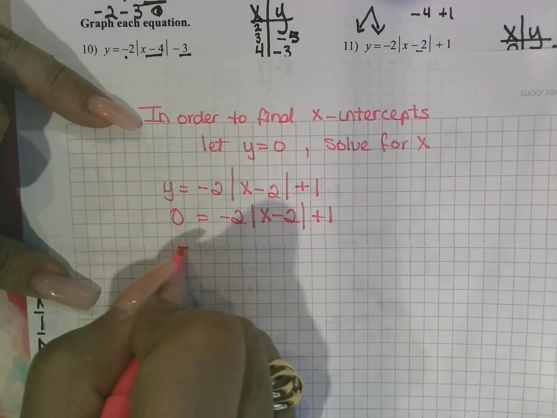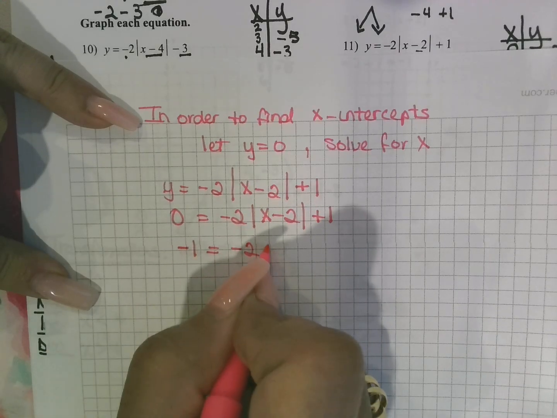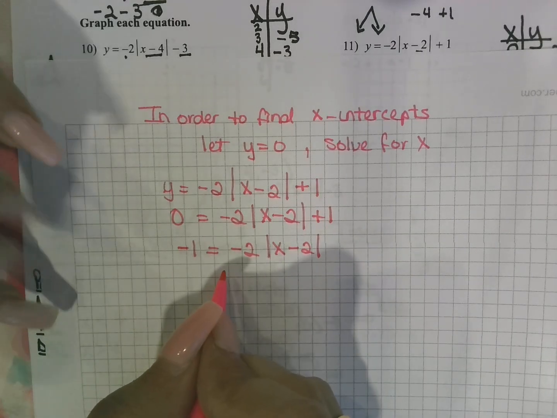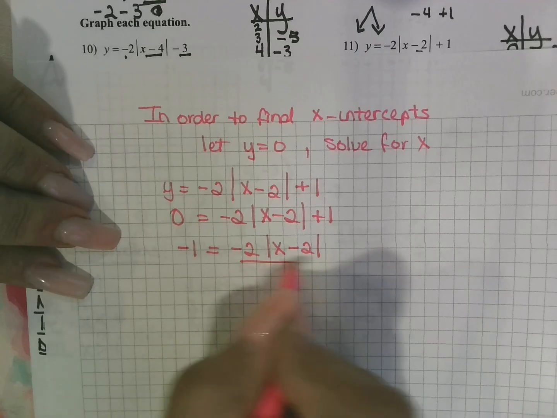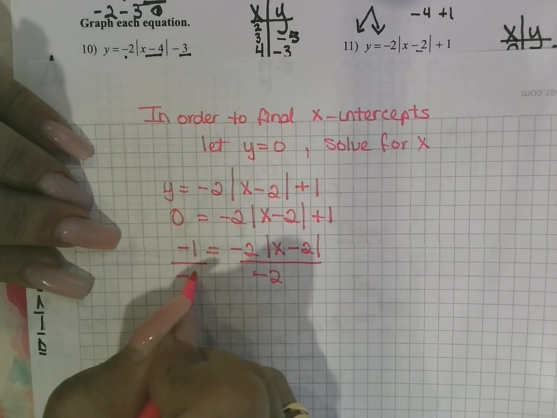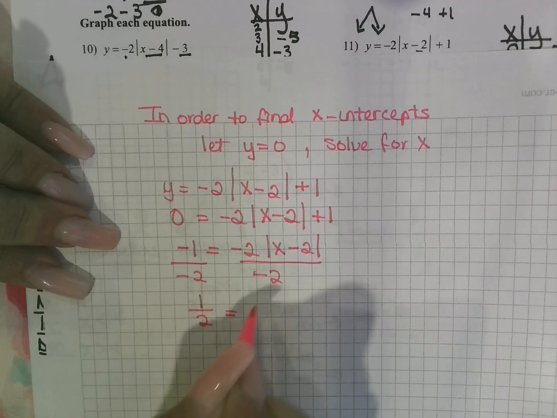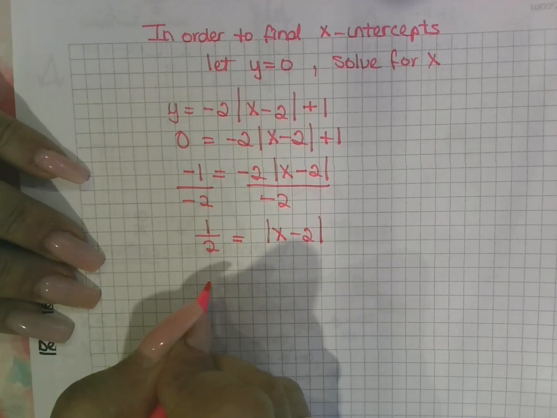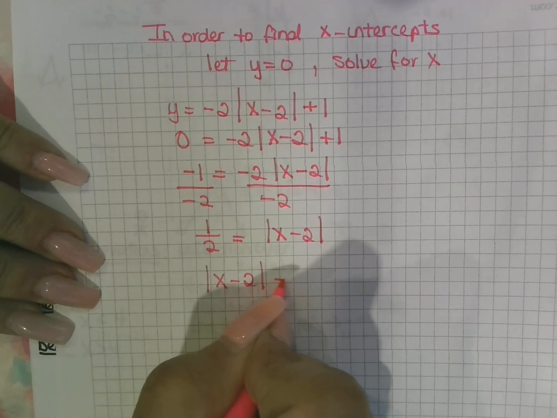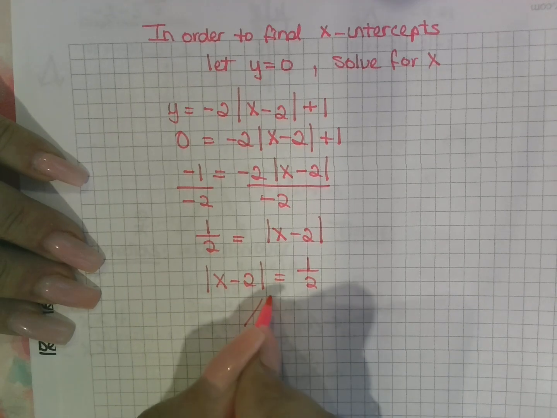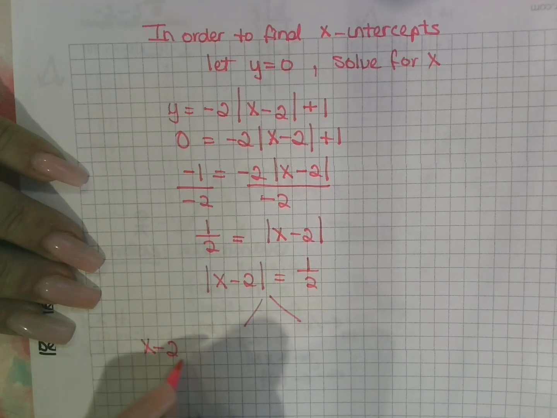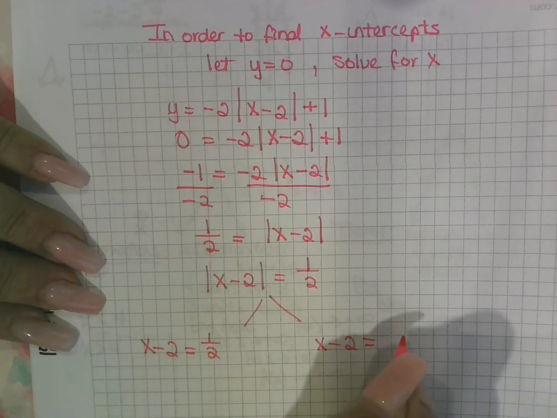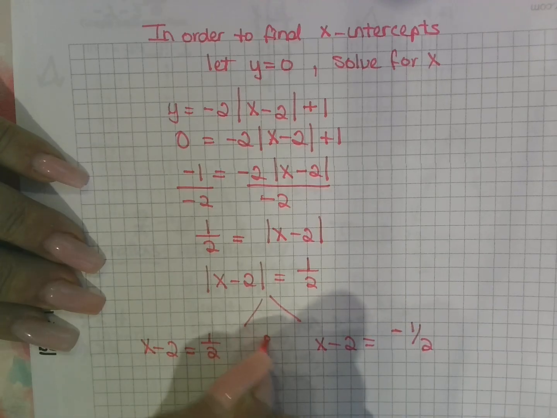I'm going to subtract 1 from both sides. And again, this is a little tricky, but not terribly, because you did do this before. And now I'm going to divide both sides by negative 2. So 1/2 is equal to the absolute value of x minus 2. All right, I'm going to just rewrite this way because it's easier for me. We break this up into x minus 2 equals 1/2, or x minus 2 equals negative 1/2, right?